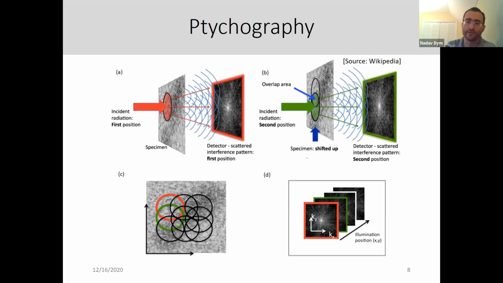This is called ptychography. In ptychography, you have some specimen you want to measure, a small thing at nanoscale. Let's say this is a slide which contains biological cells or semiconductors or something. You point some electron beam or X-ray beam at the specimen, and you get a diffraction pattern.